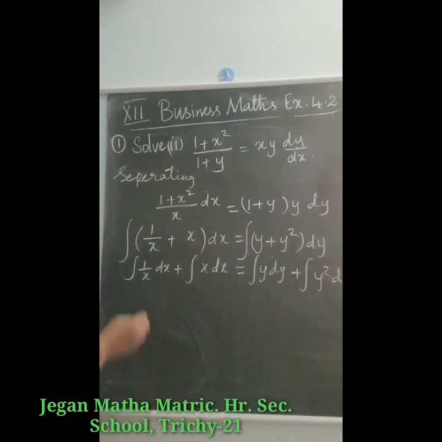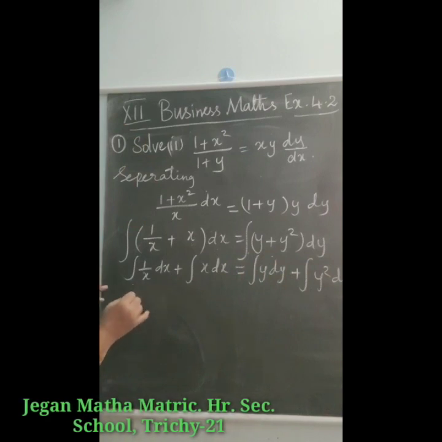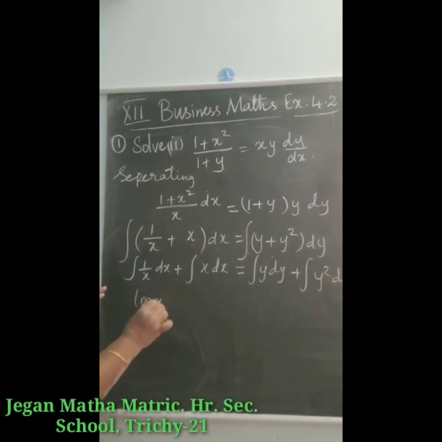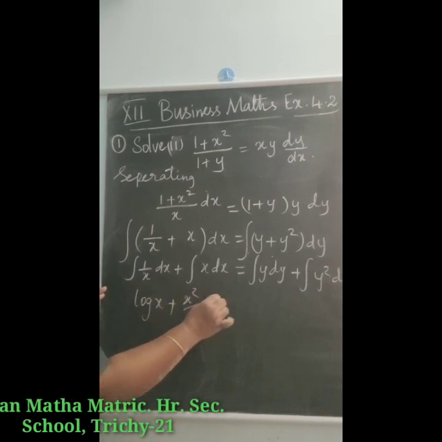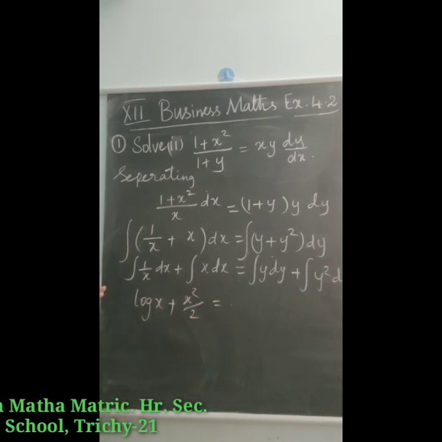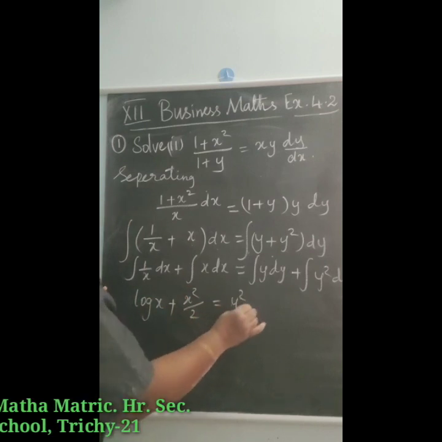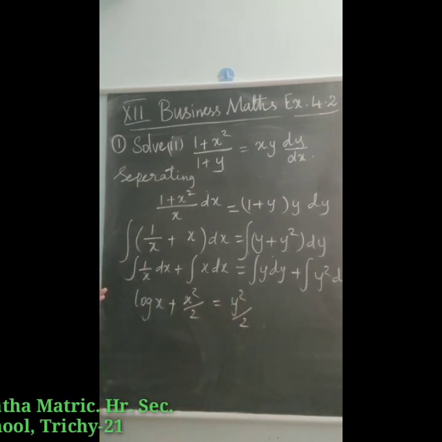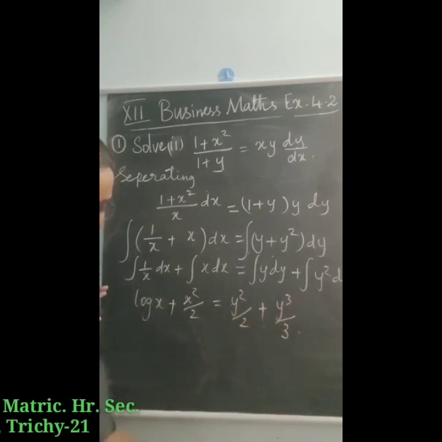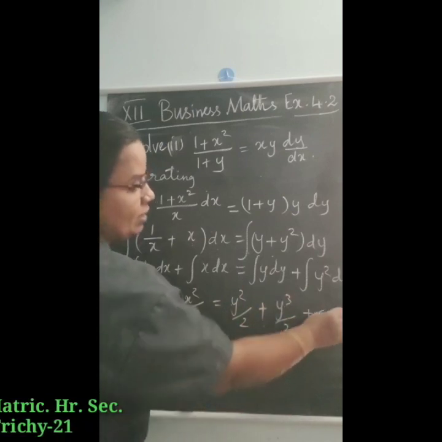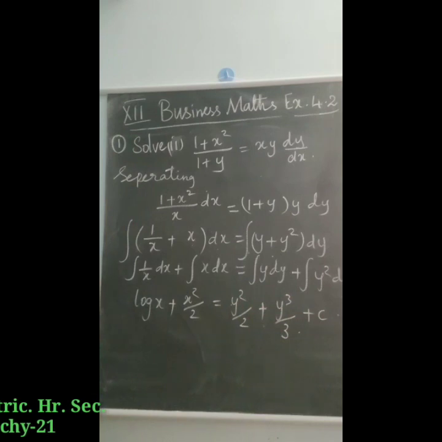Now we integrate, we will get log x for 1 by x, plus x squared by 2 for x, so that is equal to y squared by 2 for y into dy, and plus y cubed by 3 for y squared into dy, plus c is the answer. Can you understand?